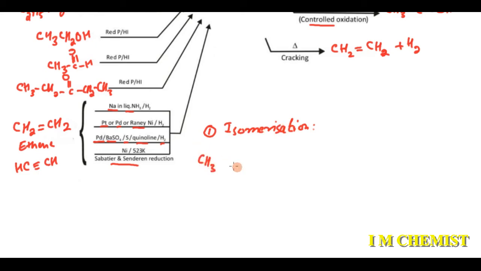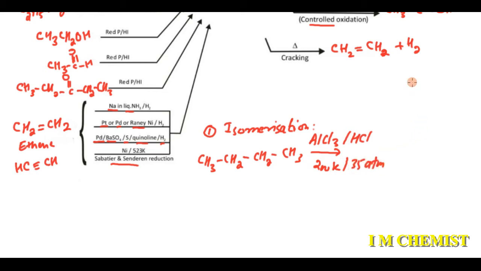For example, if we take butane, this is the butane molecule, and in the presence of aluminum chloride and hydrochloric acid at 200 Kelvin and 35 atmospheric pressure, it would be converted into a branched chain alkane. This is n-butane having a straight chain, while this one is known as isobutane having one branch.